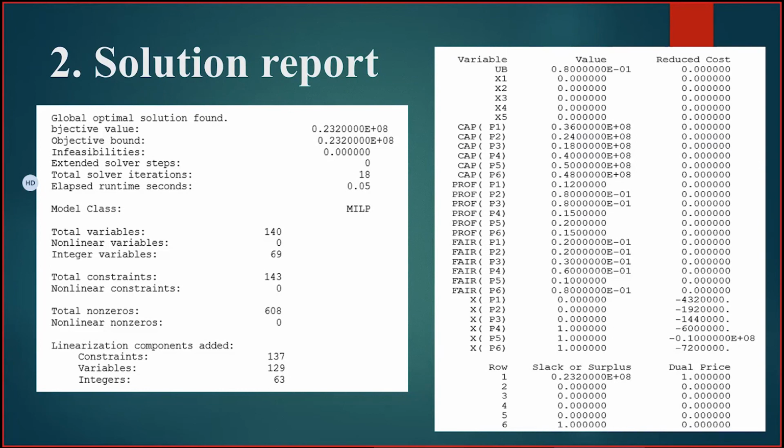The value presents the values of the original variables and the selected outcome, and the selected outcome after solving, with the reduced cost expressed as the total profit in our problem.